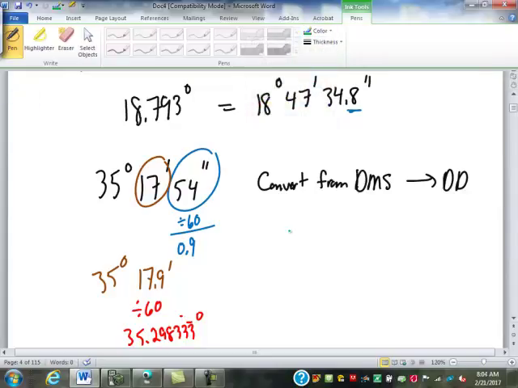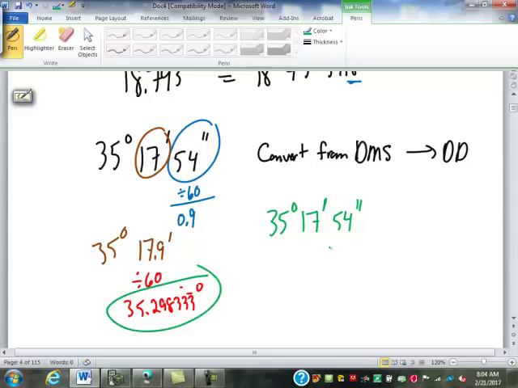If you have the Texas Instruments, you type in 35, you hit that angle key, and you select the degrees. You type in 17, hit your angle key, you select the minutes. You type in 54, hit your angle key, and select the seconds. Then just hit equals, and it should automatically flop to decimal degrees. On the Casio, you have that degrees, minutes, second key.